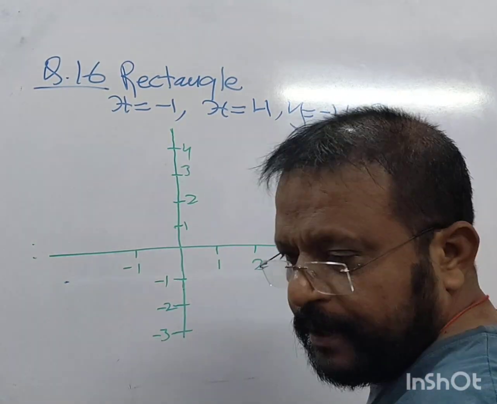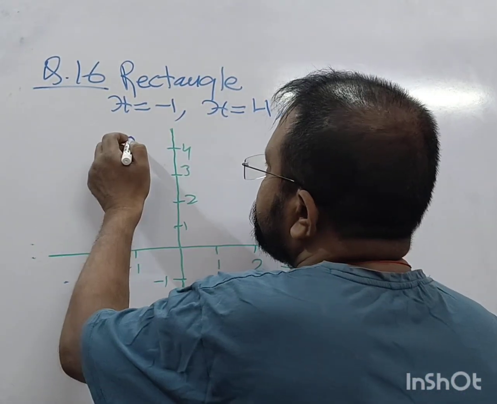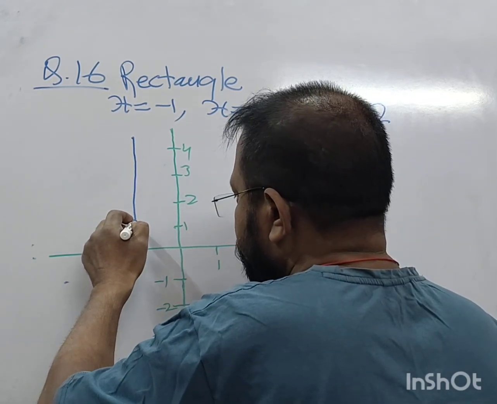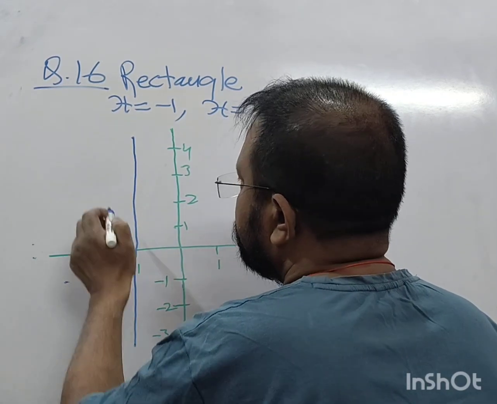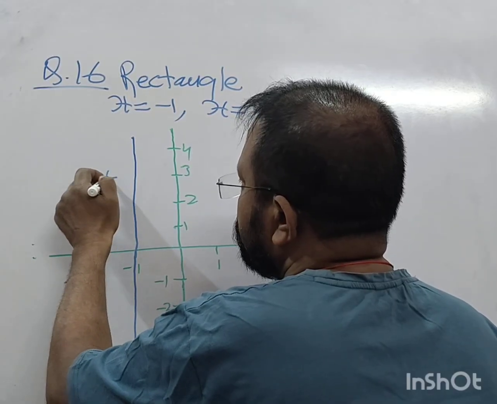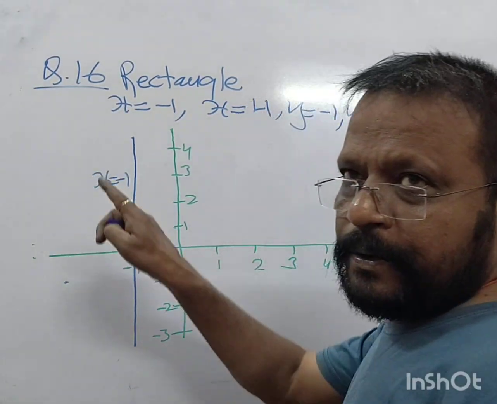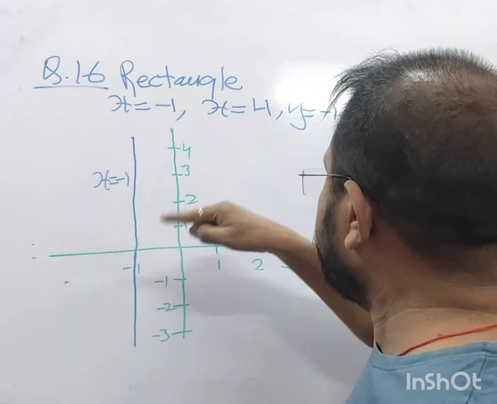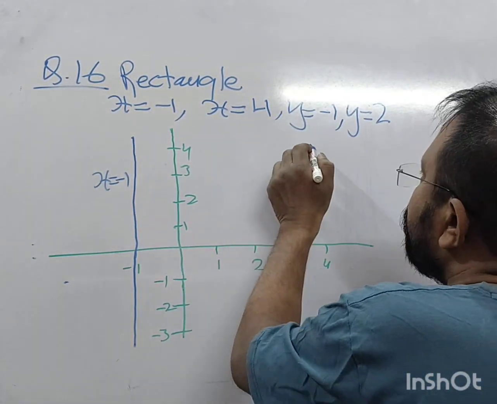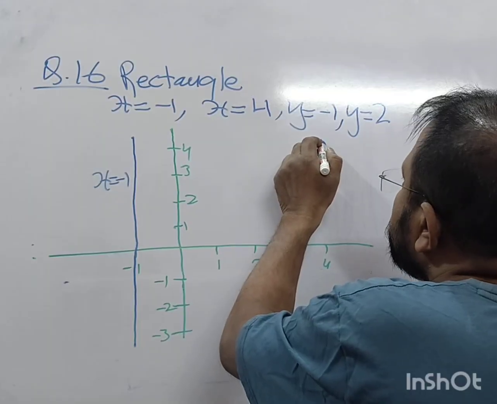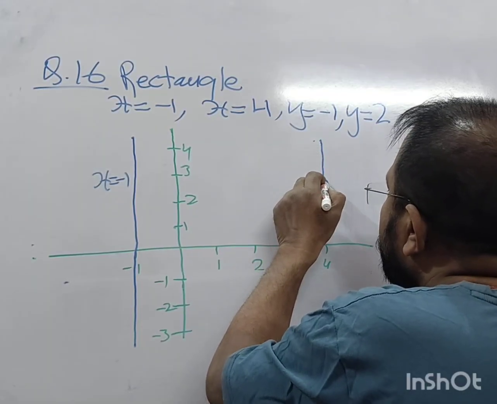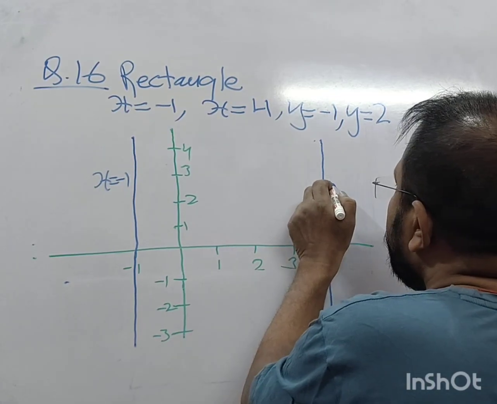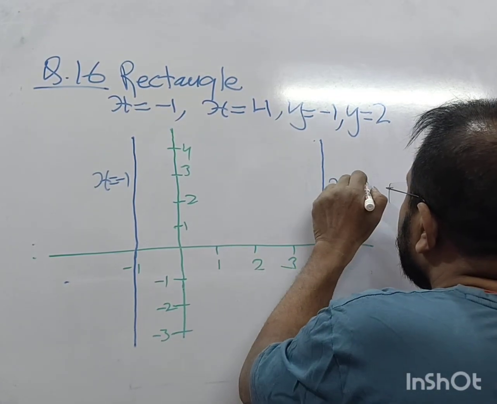For any value of y, x is equal to -1. When x is constant, the line is parallel to the y axis. And it is saying x is equal to 4, so for any value of y, x is equal to 4. So this is x is equal to 4.